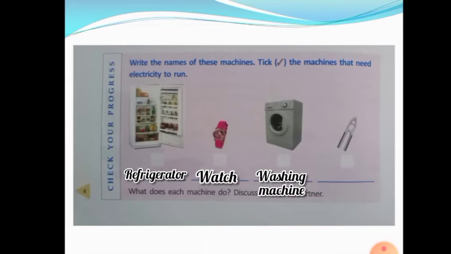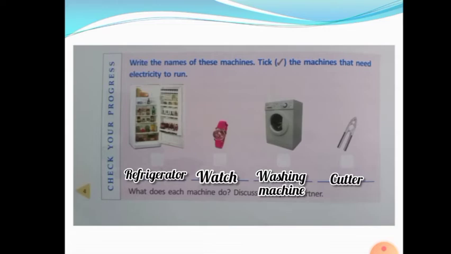Write the name of the machines in the dash. What is the last picture name? Cutter. Very good. C U T T E R. Cutter.